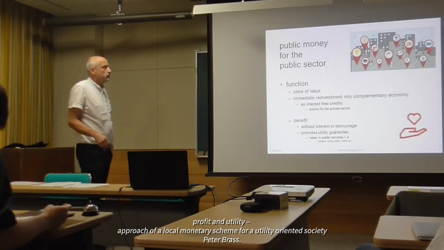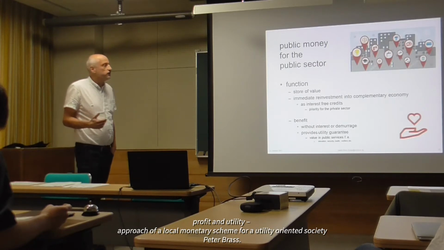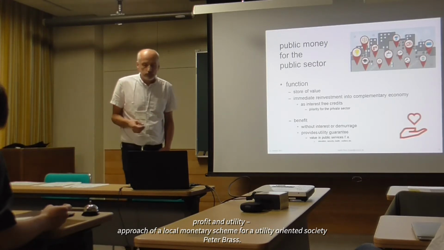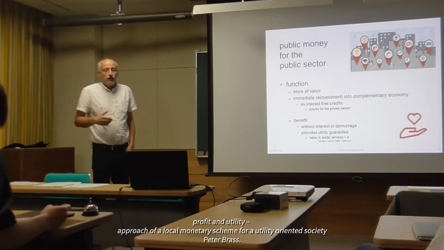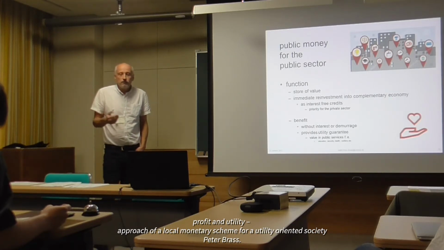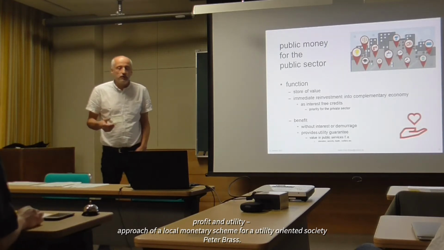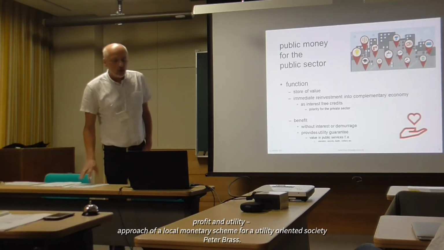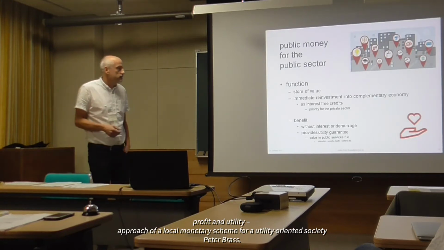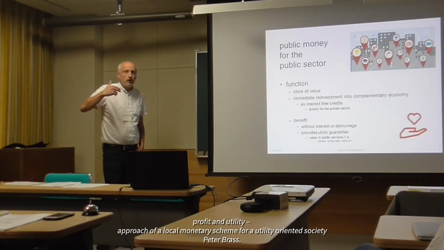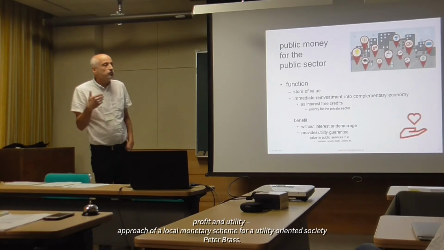Public money for the public sector. The main function of this money is store of value. So to keep the money in circulation, it must be immediately reinvested into the circular economy, in the way to give loans as interest-free credits, in the first step, in the priority step, to the private sector.